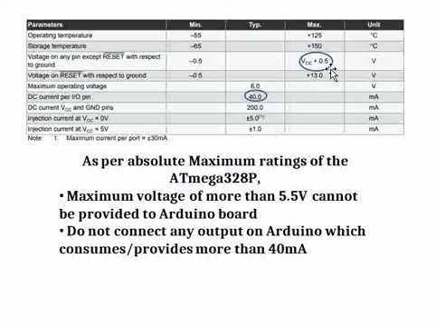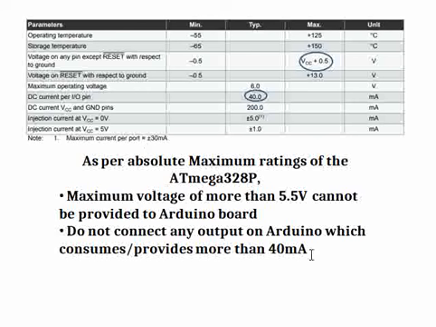In any case, you can see here the DC current per IO pin absolute maximum is 40 milliamps. So you should not exceed 40 milliamps in any case. And for a particular port, the maximum current is 30 milliamps. So for any pin, you cannot have more than a 30 milliamp load connected.